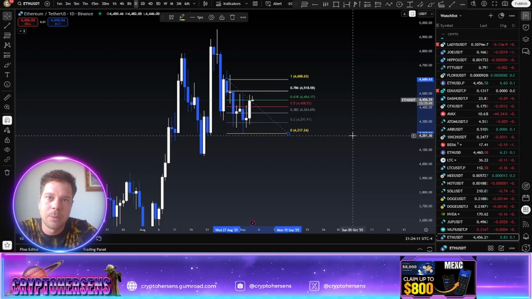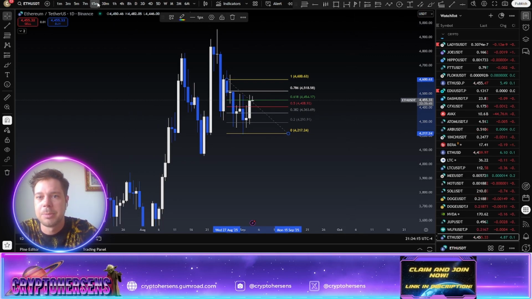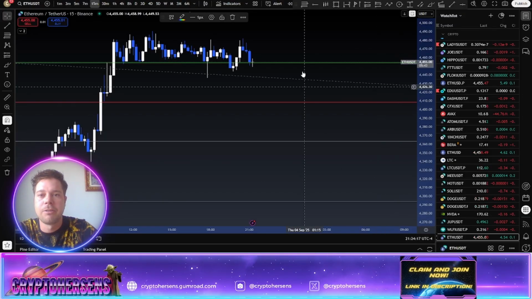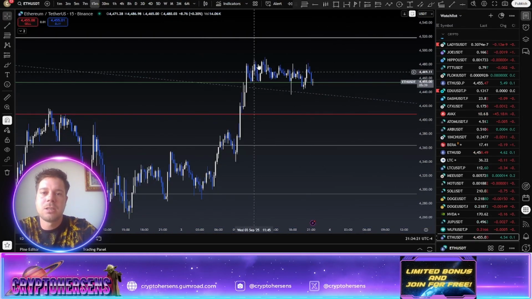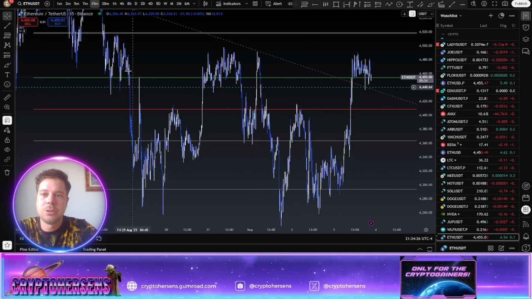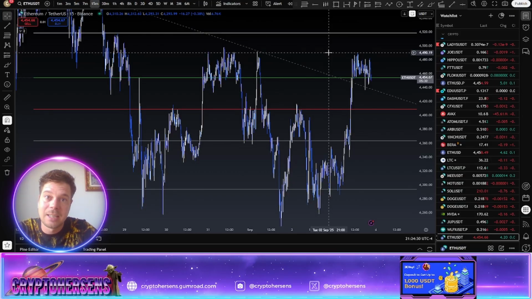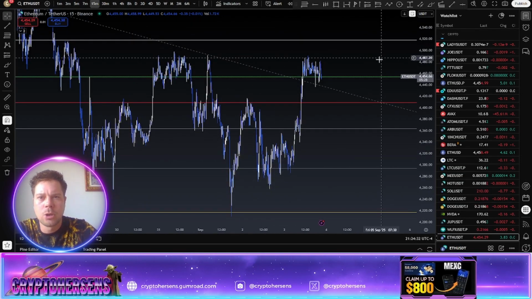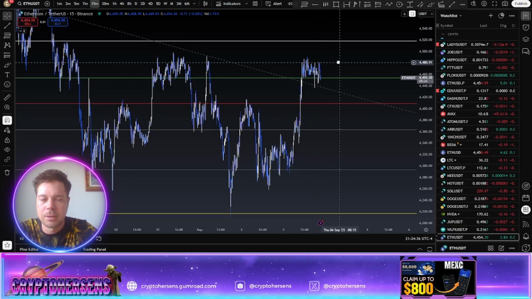That's why I want to show you guys how I take my profits here and why I take my profits here, because I see a reversal coming in, right? Usually you can say this is a bull flag, but the thing is, we're heading to some resistance. You can see this inverted head and shoulders creating, as I showed you guys yesterday in my video. So this is a nice level to take some profits at the moment, right?